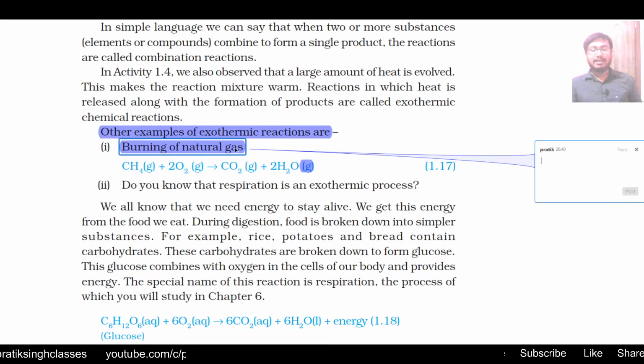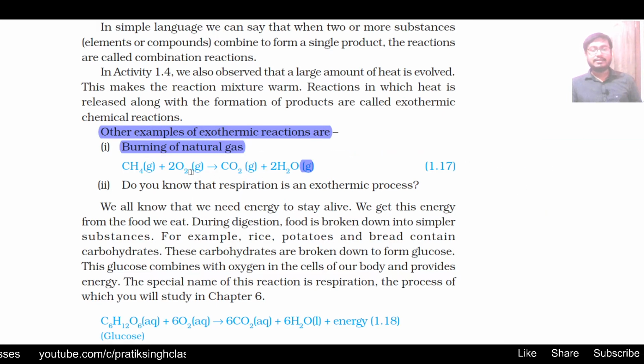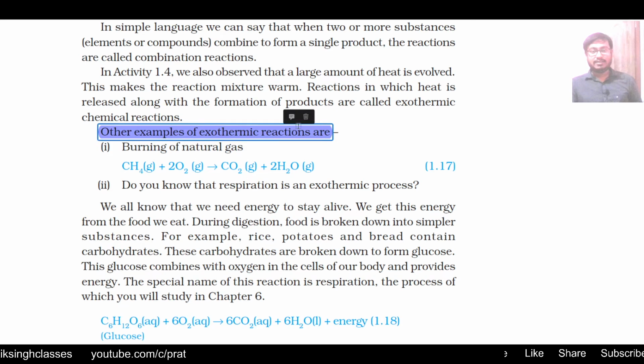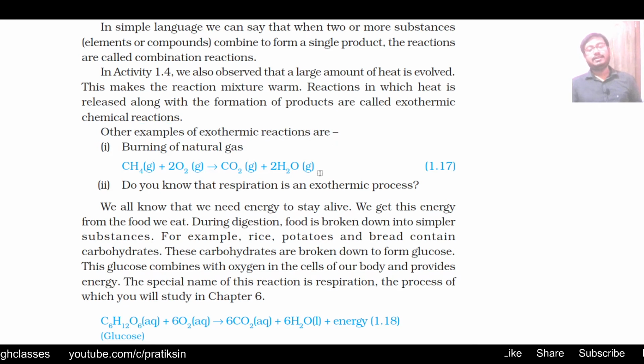So here, as you can see, methane and atmospheric air have combined together and made carbon dioxide and water. This is also an example of an exothermic reaction because a huge amount of heat comes out from this reaction. This is how we cook our food in the kitchen, where our cylinders are filled with methane gas.